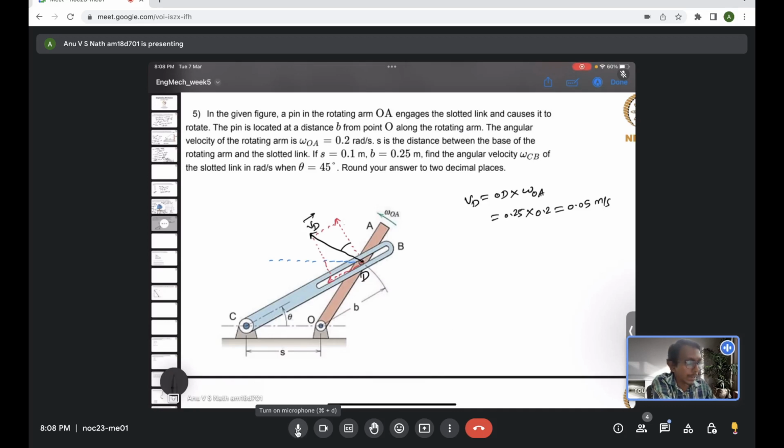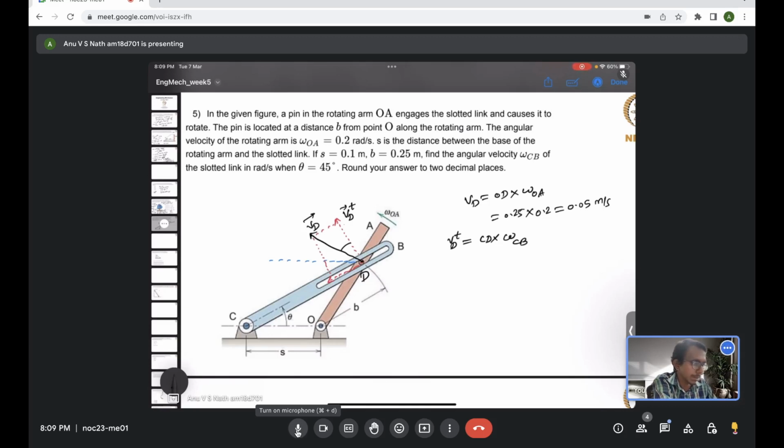So why do we need that component? Let's say this is the VD component in the tangential direction. Considering the member BC, it is just the length CD times the angular velocity of the member BC.